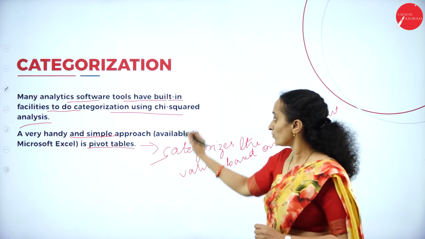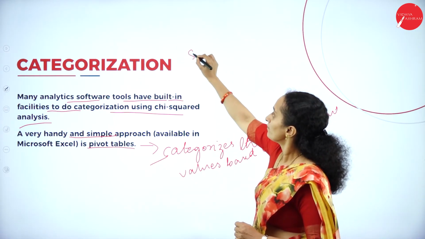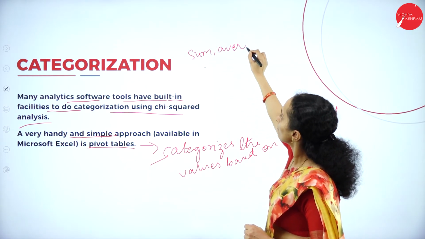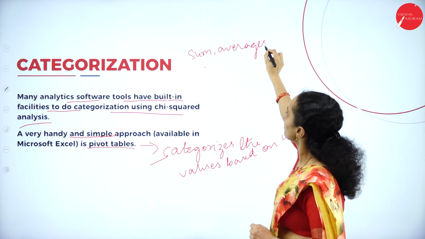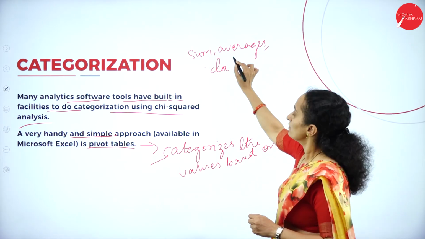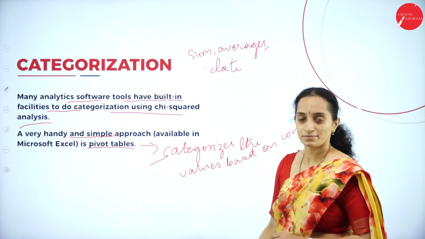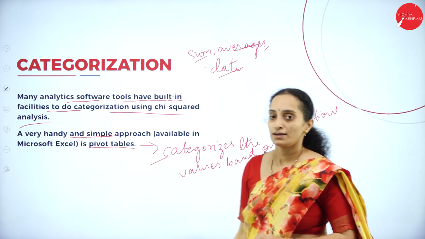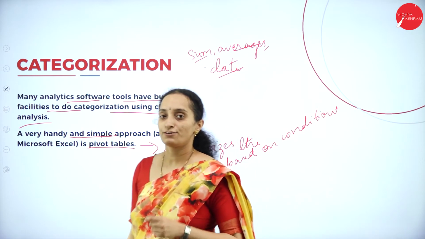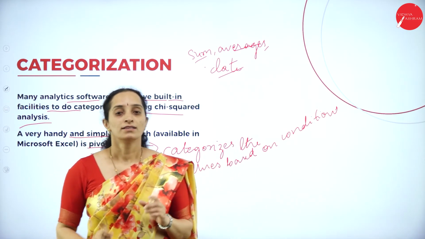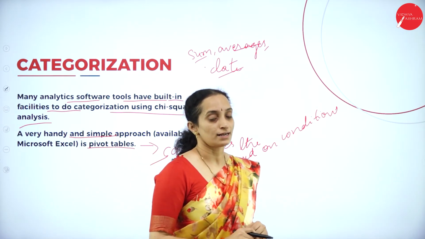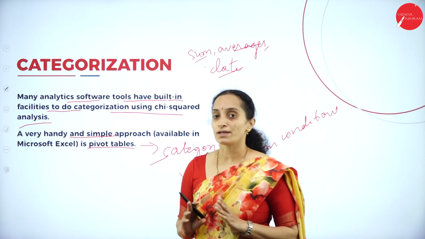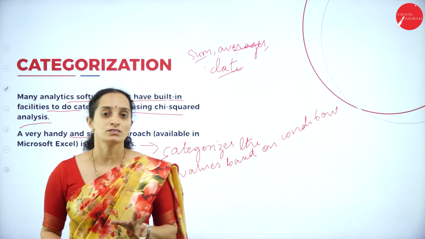This may include the sum, averages, or the date. So based on different conditions or different sets of values, the values entered in the Excel sheet will be categorized, which can be considered a pivot table.